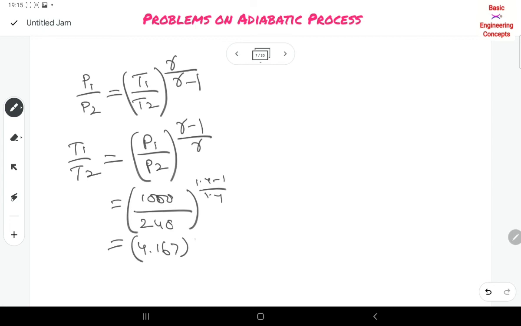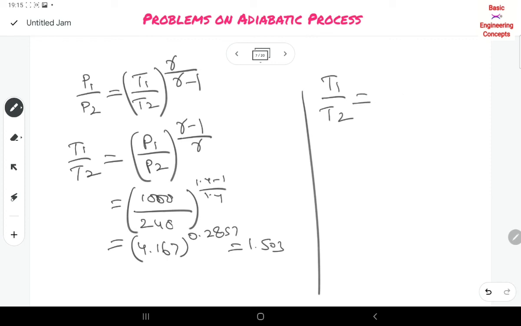So it is 4.167 to the power of 0.2857, which is equal to 1.503. That is T1 by T2. Don't try to solve it all at once; first solve this equation step by step by putting in the numerical values.